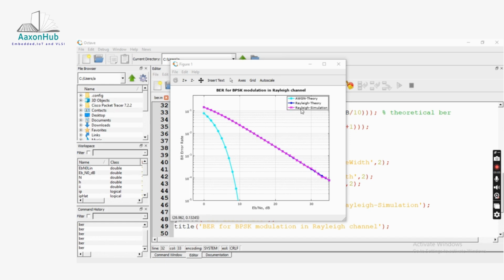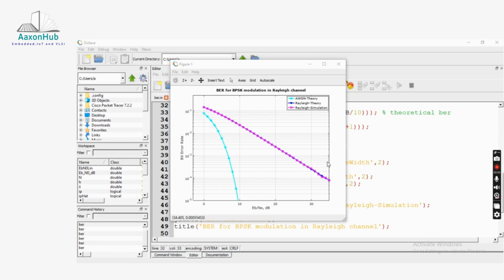For the Rayleigh simulation, the highlighted blue graph represents the practical implementation, as we have done it for 10 to the power 6 bits. For that purpose, we are able to perform the BER calculation.